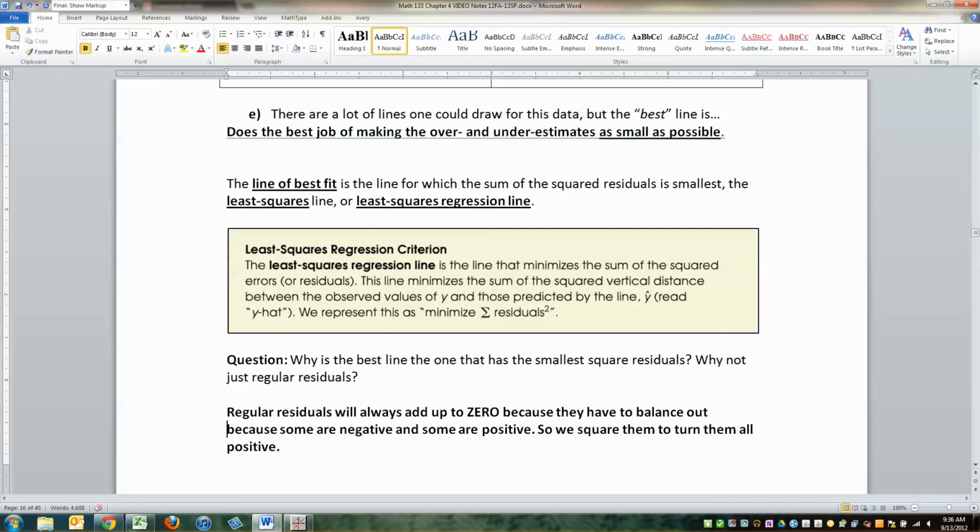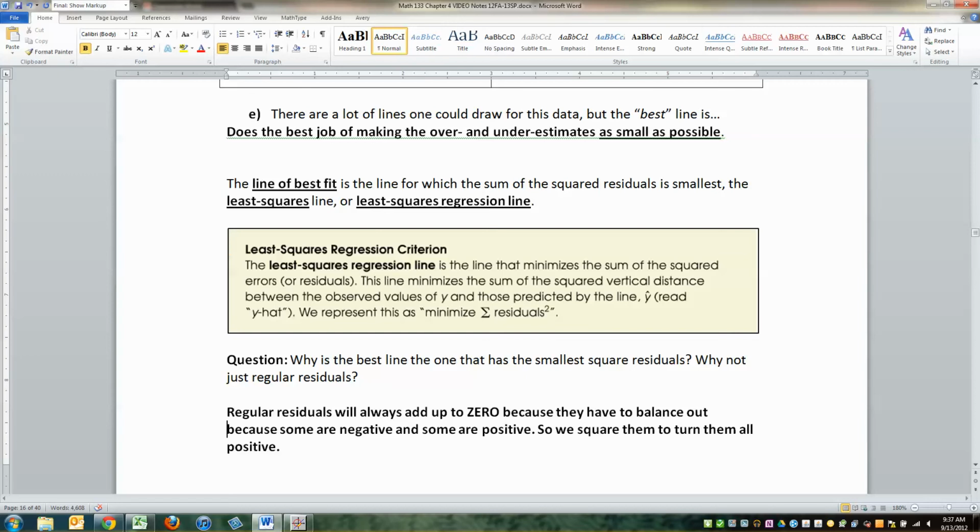It's the line that has those residuals, those errors, the smallest they can be. That's why it's called the least squares regression line, because it squares the residuals and minimizes them to the least they can be, the least value. I will also call it all sorts of things. The least squares line, the linear regression line, the line of best fit, the linear model, the line.